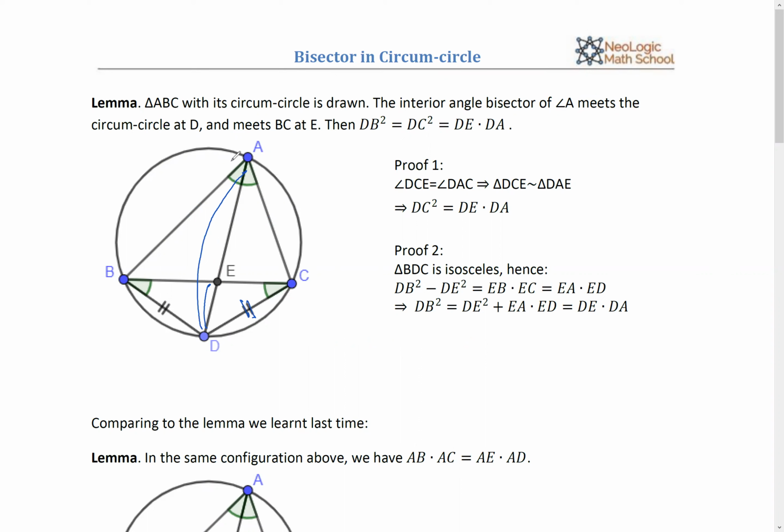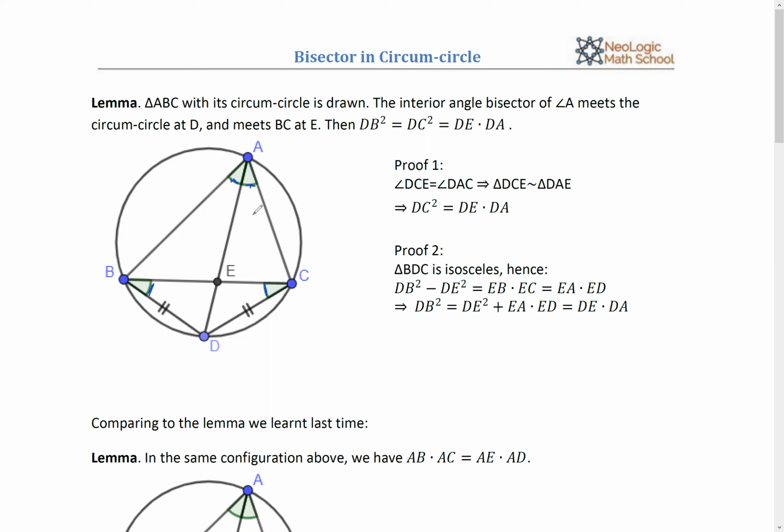The reason is very simple, because this triangle is similar to this one. The small one is similar to the bigger one. Why is that? It's because this angle equals this angle equals this angle equals this angle.